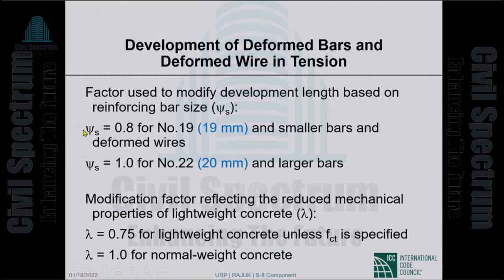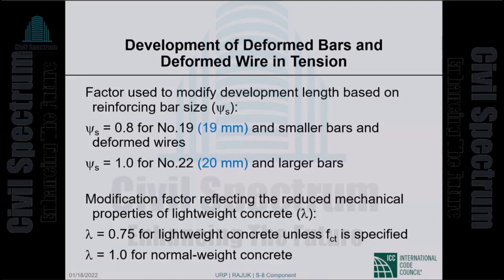All I can do is to bring the arrow over, but I cannot push. Anyhow, so psi sub S is 0.8 for number 19 and smaller bars and deformed wire. Psi sub S is 1 for number 22 and larger bars. Okay. So this is bar size factor.